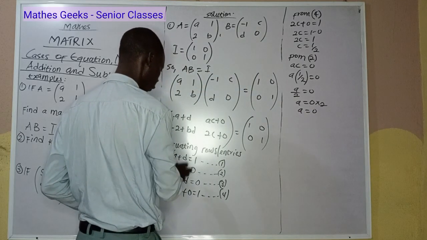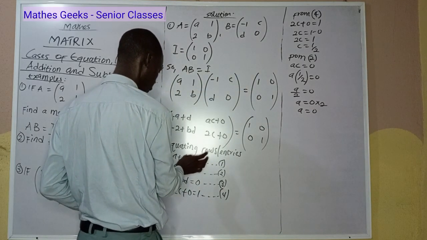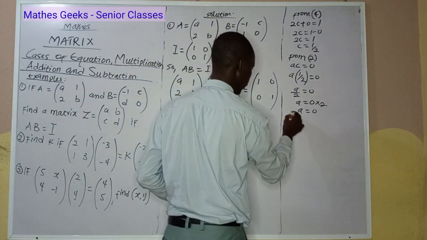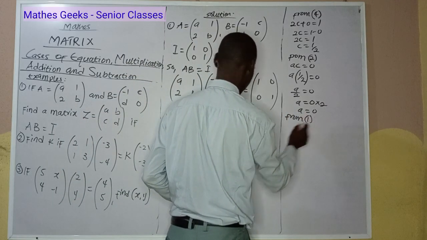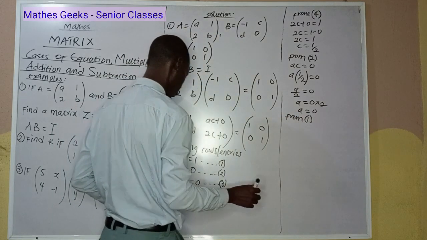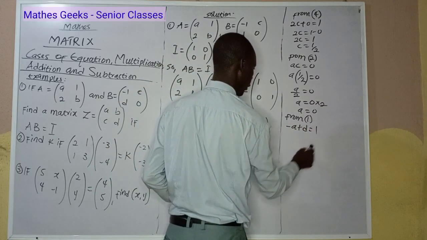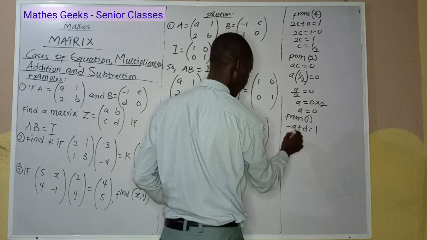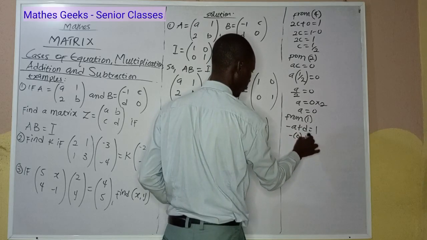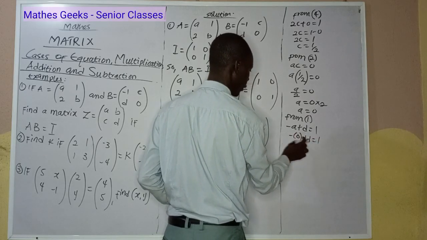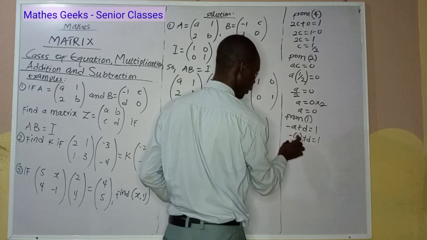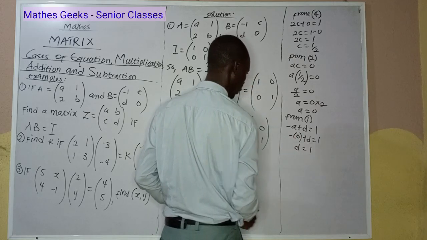Okay, now that we've gotten the value of A, from 1, minus A plus D is equal to 1. Our A is 0, so minus 0 plus D is equal to 1. That's minus nothing, plus D is equal to 1.